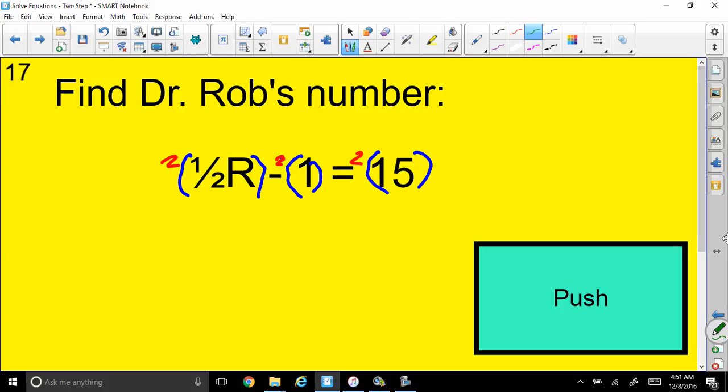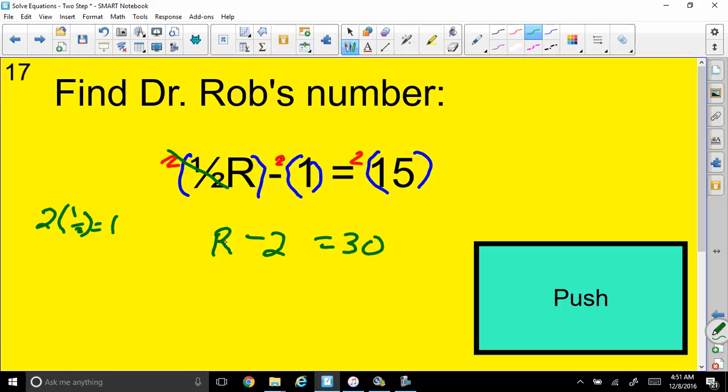When I multiply by 2, 1/2 by 2, half of 2 equals 1. So in other words, that cancels out, leaving me with just a little r. 2 times minus 1 will give me -2. 2 times 15 will give me 30.